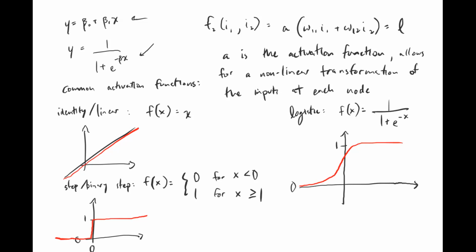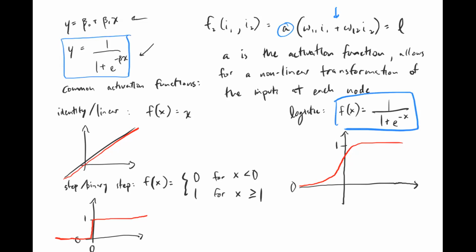And so you can see how this form as your activation function would allow you to treat these weights in such a way that would essentially be your logistic function, right?